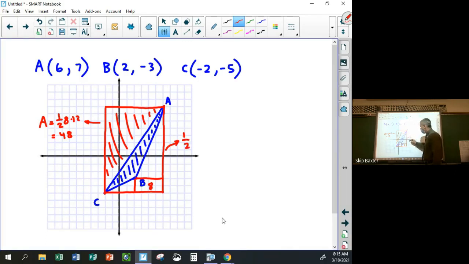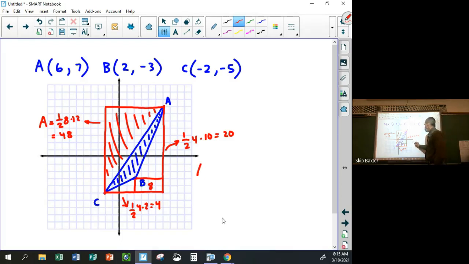This is going to be 1/2 base times height, which is 1/2 of 4 times 10, which is 20. And this one down here is 1/2 base times height, 1/2 of 4 times 2, which is 4. So the total area that we don't want to include would be 48 plus 20 plus 4 plus 8. We would have gotten the same thing if we had done it your way.